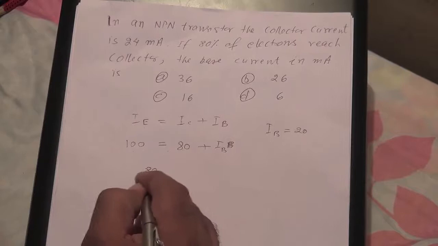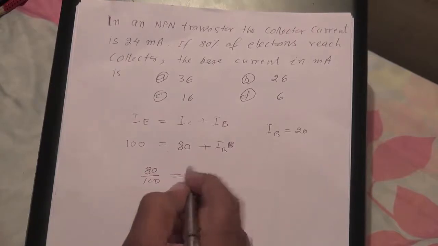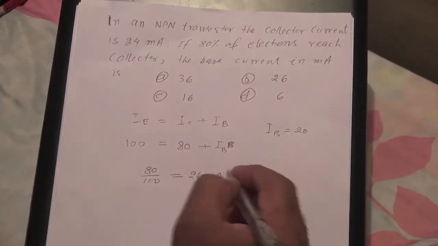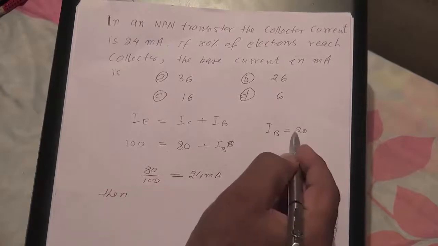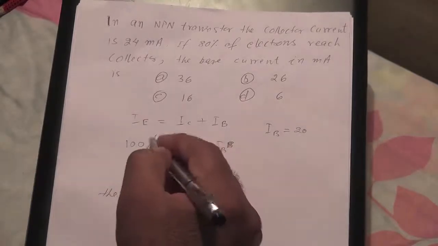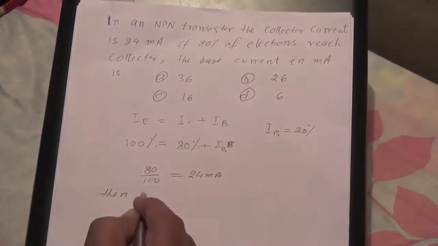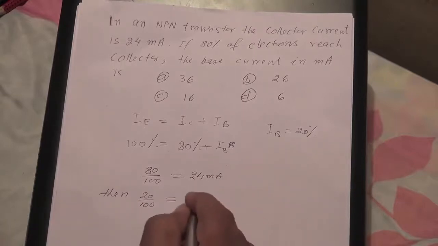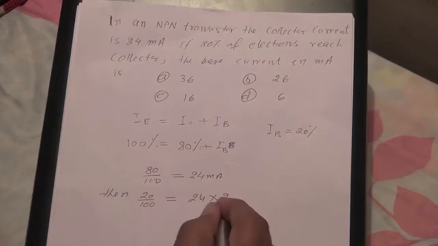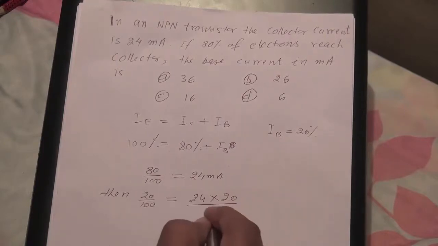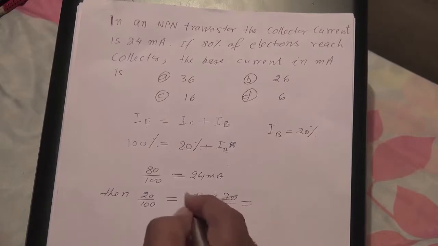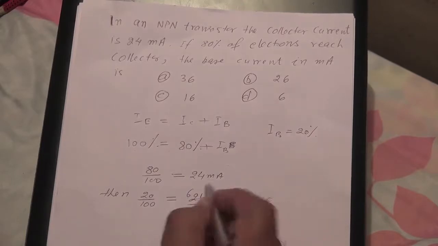So if 80% is 24 milliampere, then this 20% is equal to 24 multiplied by 20 divided by 80. 100 cancelled. And this comes to 4 and 4 6 are 24. 6 milliampere.